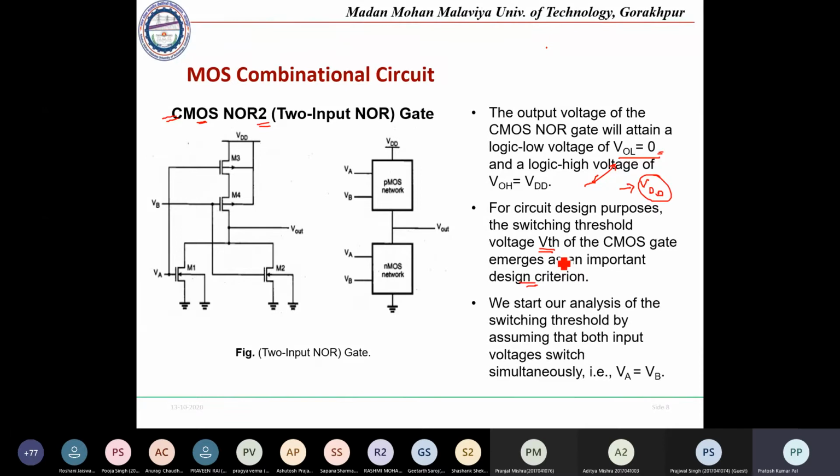This switching threshold voltage can be obtained in all other combinational or digital circuits. So here also we will find the same switching threshold by comparing with the formula we have seen for the inverter. Whatever formula we derived for the switching threshold in the inverter, we will just replace it with the same formula once we have implemented this in the form of an equivalent inverter.